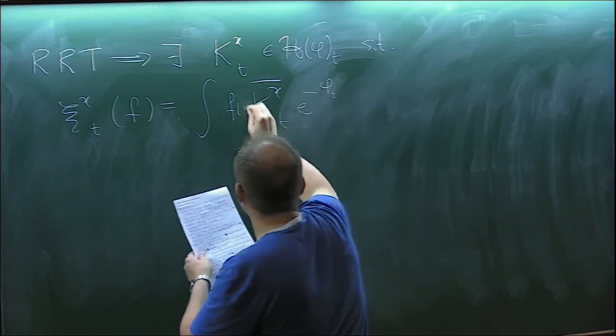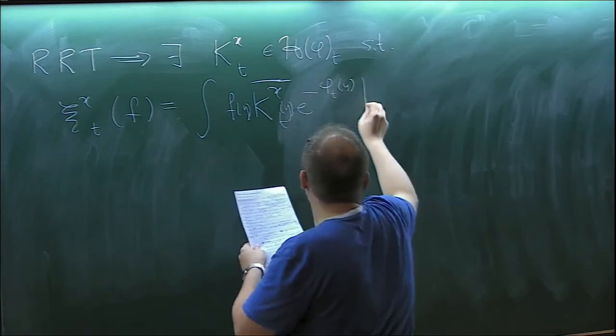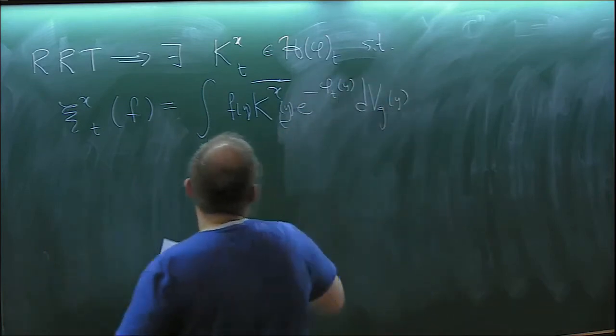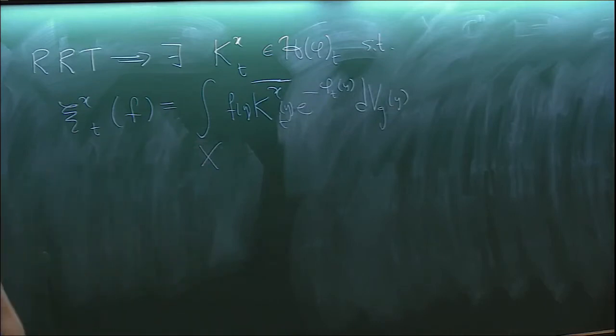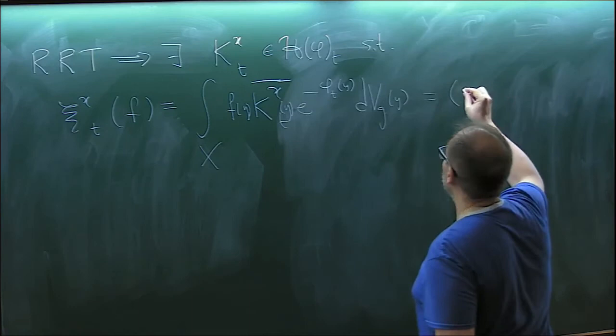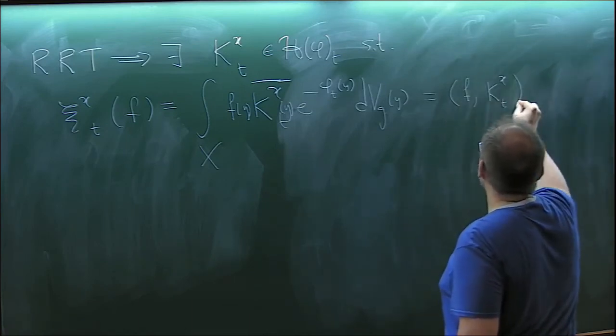So maybe I should be a little more concrete here. This is the inner product. So it's the inner product sub t of f with k_x^t.